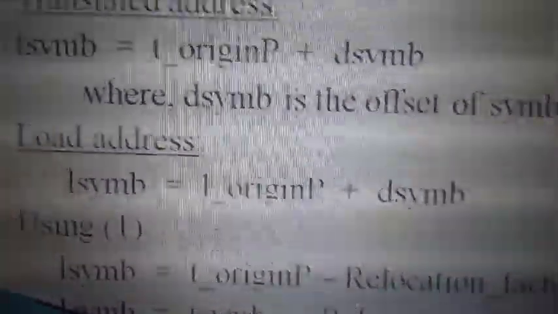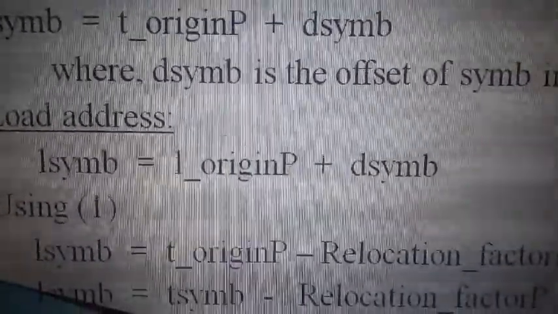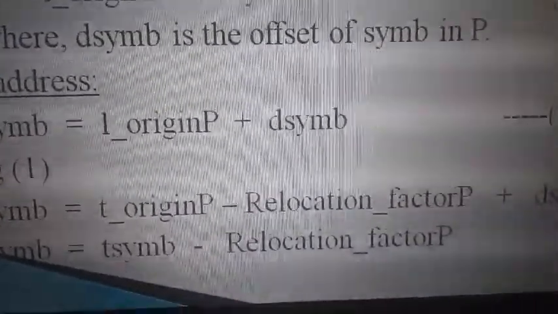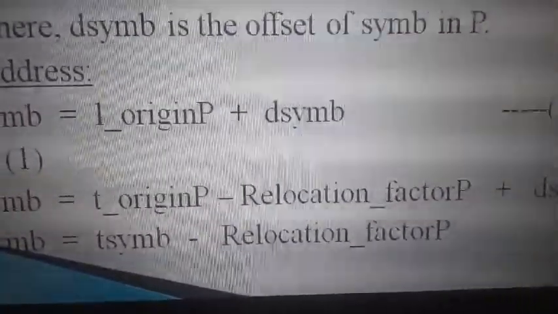Clear? We had a formula for relocated symbols: the load symbol is equal to T symbol minus relocation factor. Imagine in line number 501 you have a loop, you have a symbol.